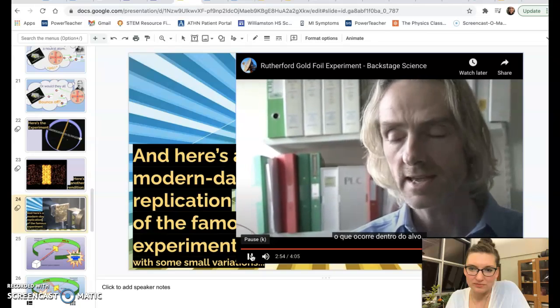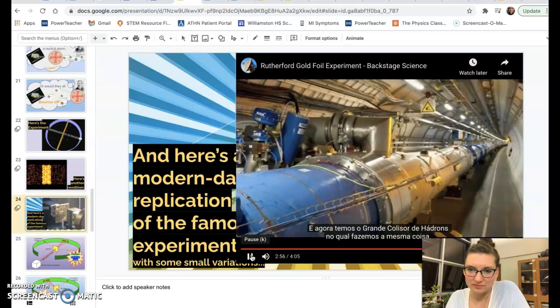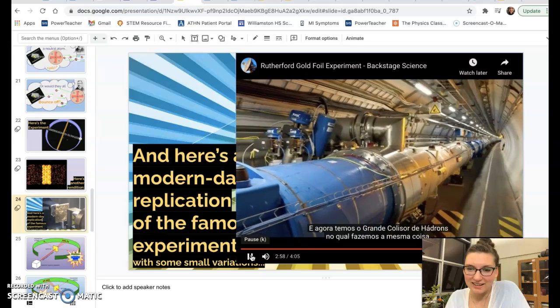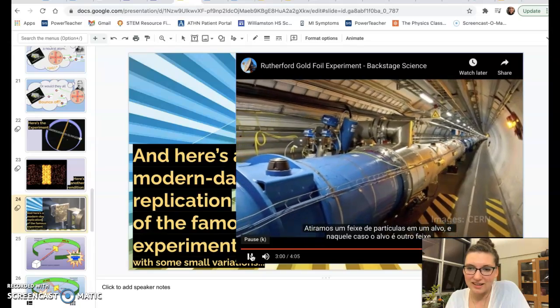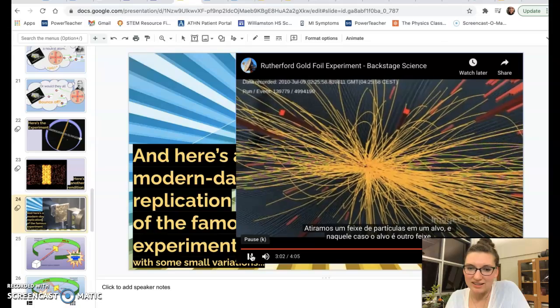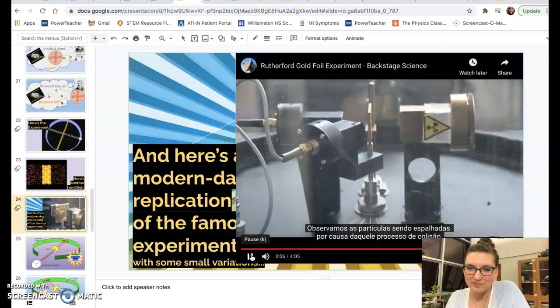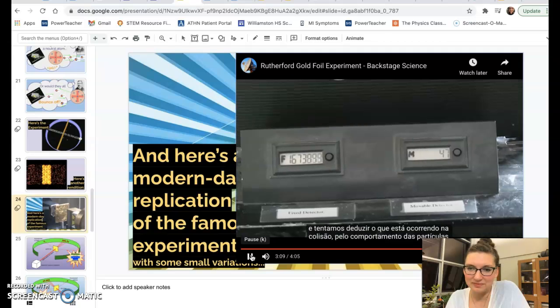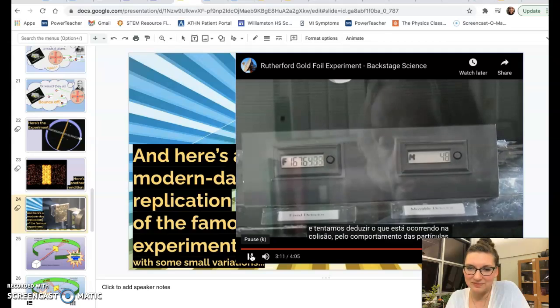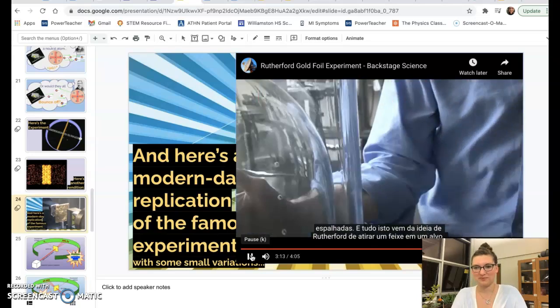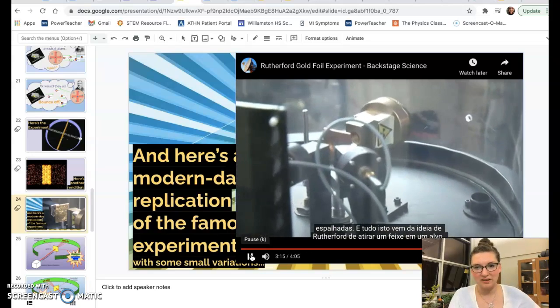And 100 years ahead, we now have the Large Hadron Collider, where we do the same thing. We fire a beam of particles at a target. In that case, the target is another beam coming the other way. We look for the particles being scattered out of that collision process and try to deduce what was going on in the collision from the behavior of the scattered particles. And all that comes from Rutherford's original idea of firing a beam at a target.